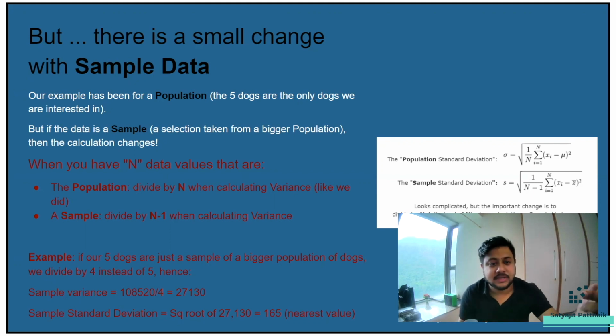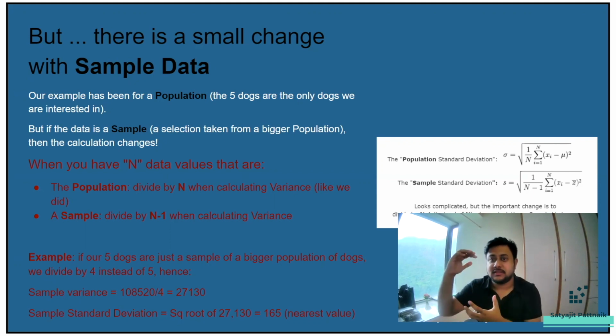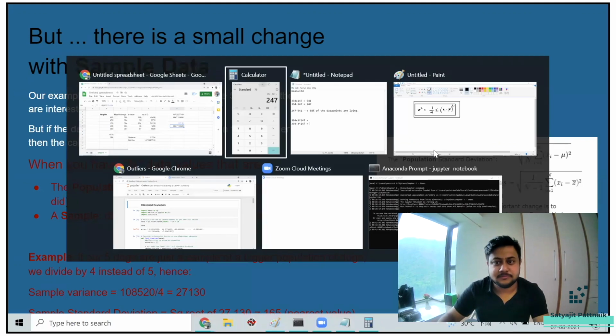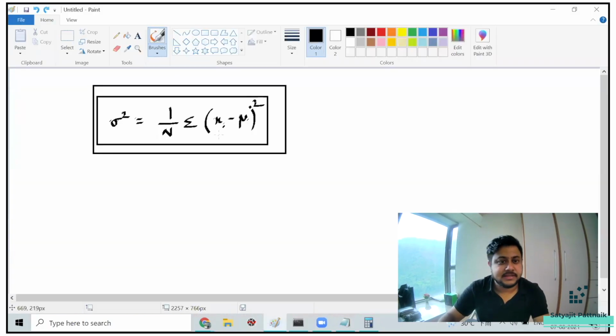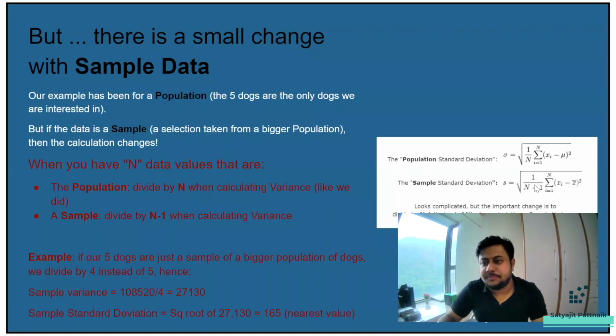So for the population, you divide by n when you are calculating the variance, the sum of the mean squared error. So this part is n. And in terms of a sample, it becomes n minus 1. As simple as that.